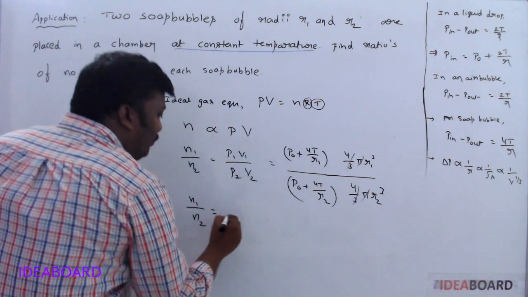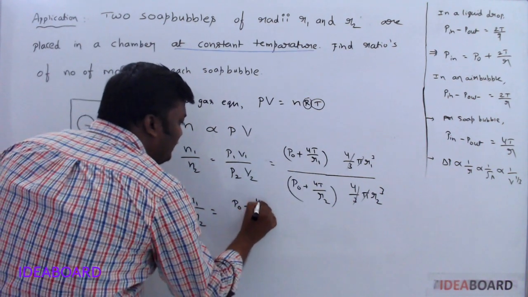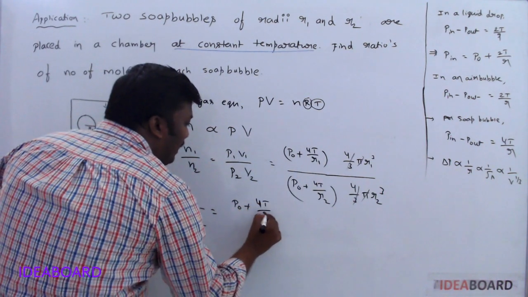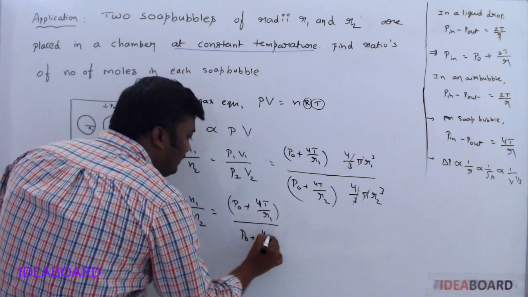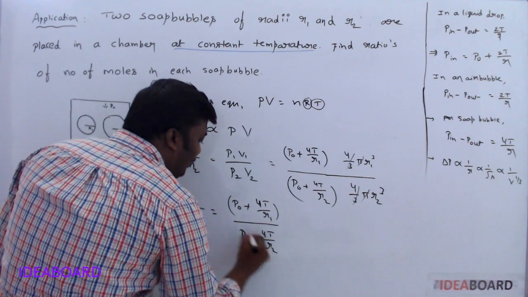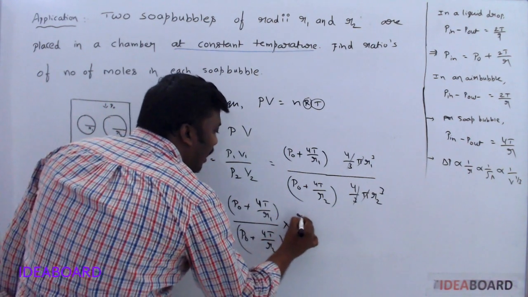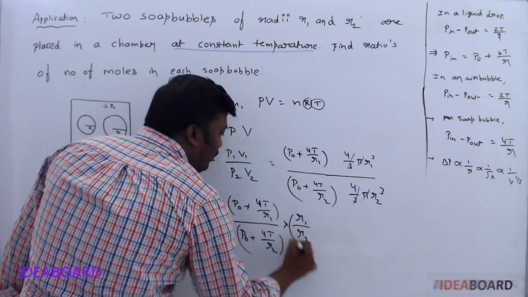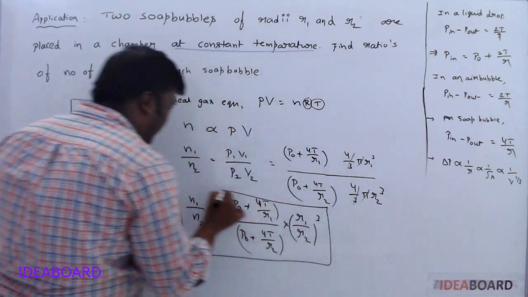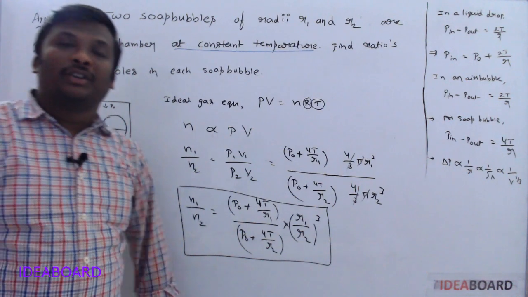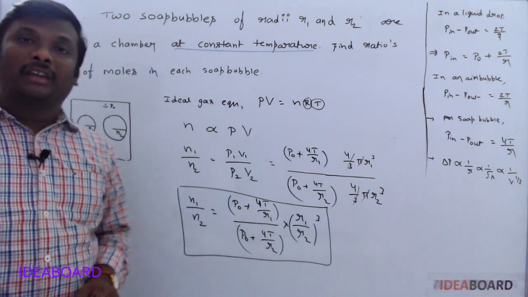N1 by N2 is equal to P naught plus 4T by R1, divided by P naught plus 4T by R2, into R1 by R2 whole cube. This was asked previously in competitive examinations. This concept is very important.